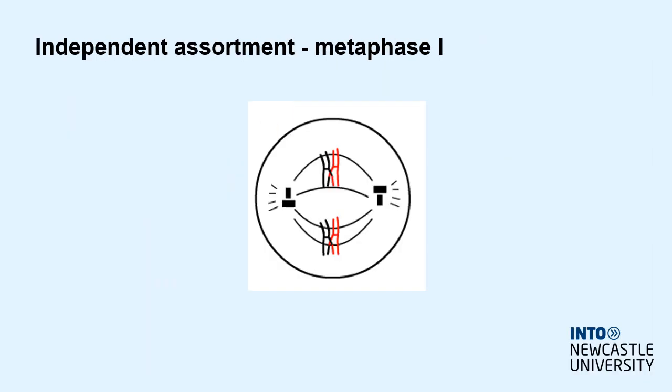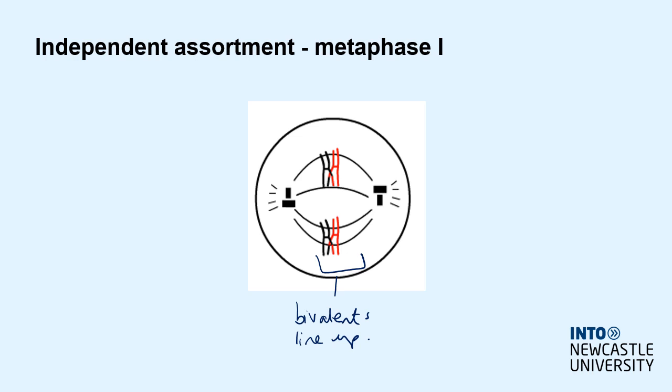We also make new combinations of DNA in this idea of independent assortment, and we're looking first at independent assortment in metaphase 1. And what we end up with, we have the bivalents, so the homologous pairs of chromosomes that have paired up, and they line up in the equator of the cell, and they can line up in any direction.